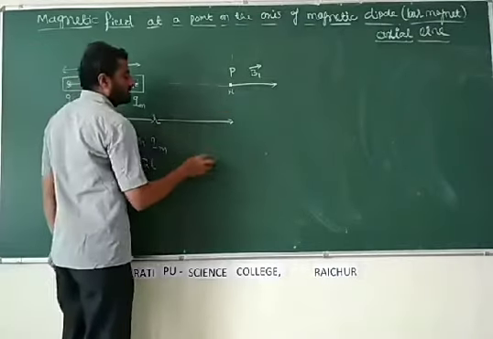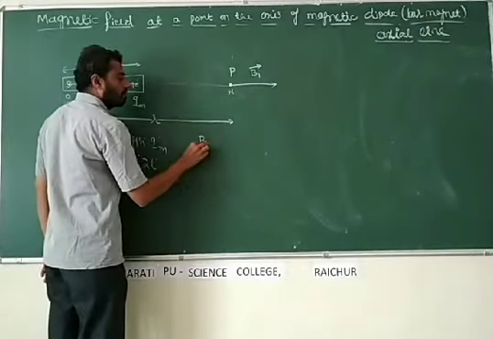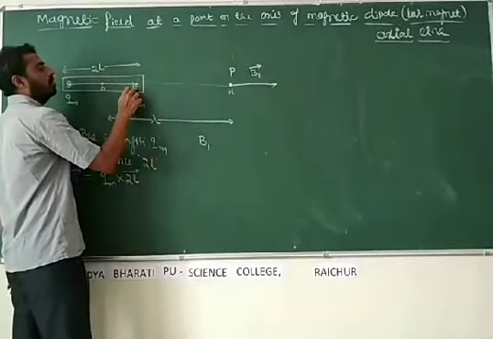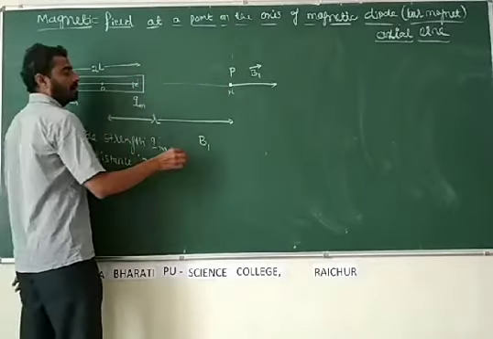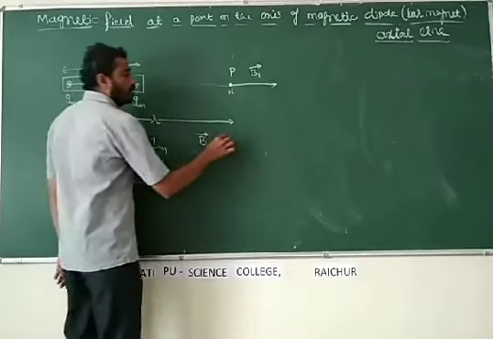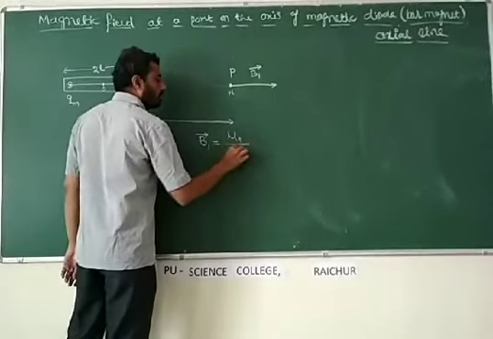Now let me take this field at a point P due to the north pole of the bar magnet. B1 vector is equal to mu naught by 4 pi.